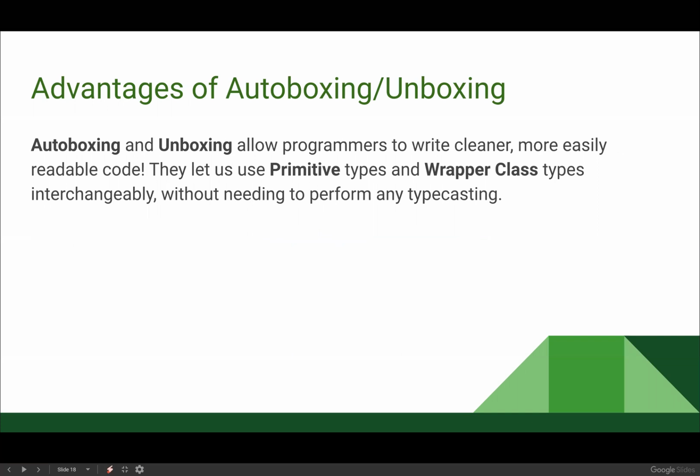So autoboxing and unboxing allows us as programmers to write cleaner, more easily readable code. They let us use those primitive and wrapper class types interchangeably without having to perform any typecasting. It'll do all of that transformation for us behind the scenes. We don't even have to worry about any of it.